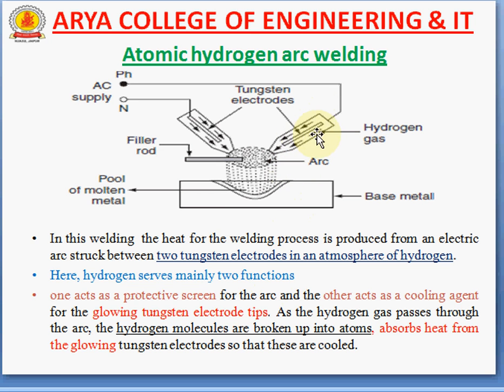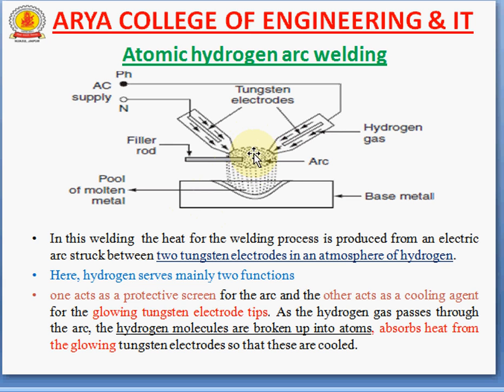As we have seen in this diagram, the hydrogen gas flows around the tungsten electrodes. There are two tungsten electrodes directly connected to an AC supply. Here hydrogen serves mainly two functions.